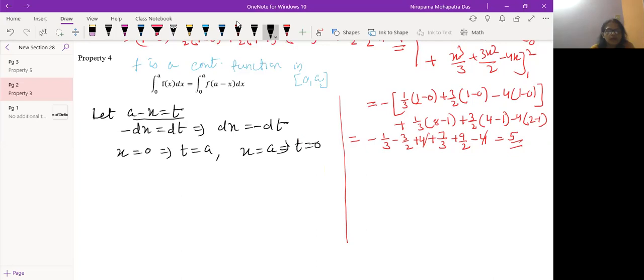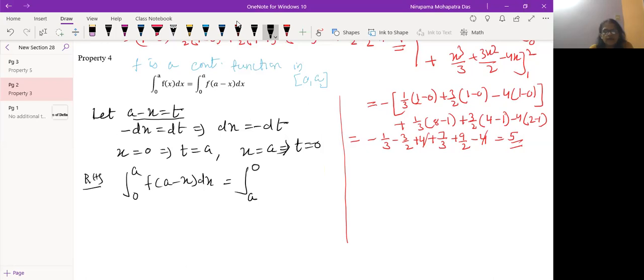Now we are starting from RHS. Now integral 0 to a f(a minus x) dx. This is equal to, when x equal to 0, you are having t equal to a, right? When x equal to a, t is 0.